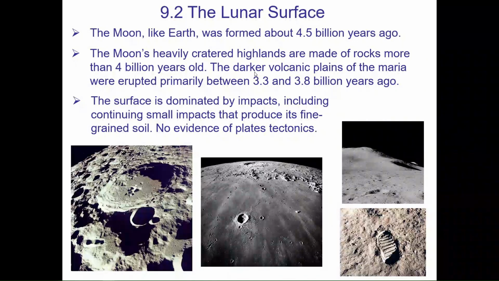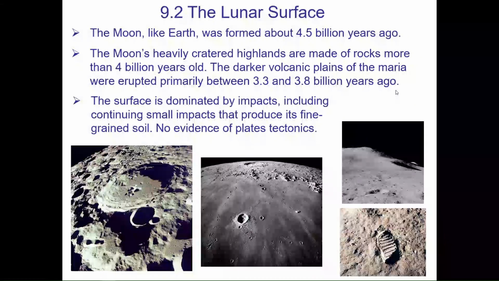And the rocks from the darker volcanic plains of Maria, which were once flooded with lava, are a little bit younger. Therefore we believe the volcanic plains of Maria erupted primarily between 3.3 and 3.8 billion years ago. If you still remember, that is one way we estimate the age of the rock or the surface.